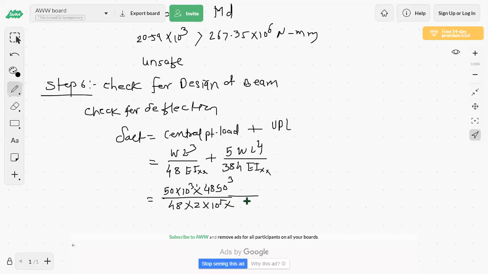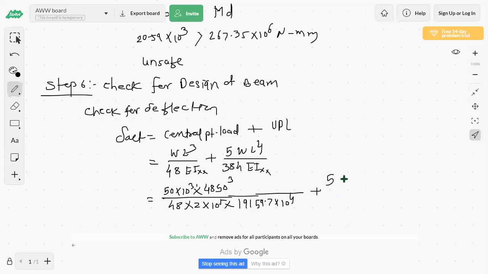Ixx is 19159.7 into 10⁴. This is for the central point load.